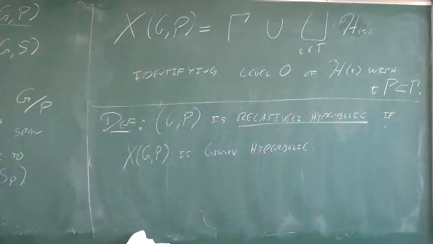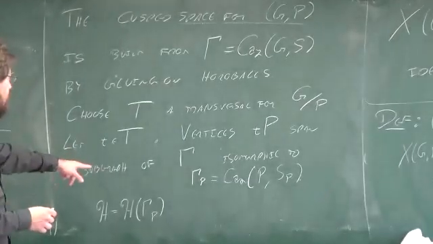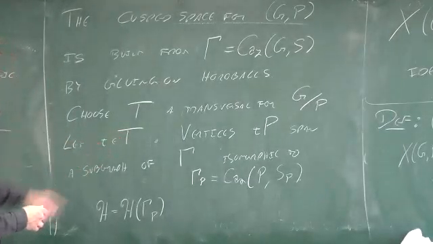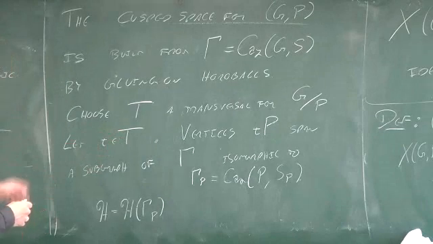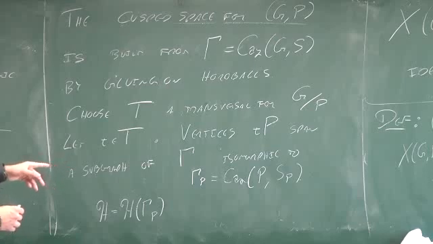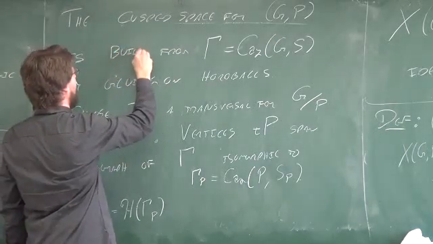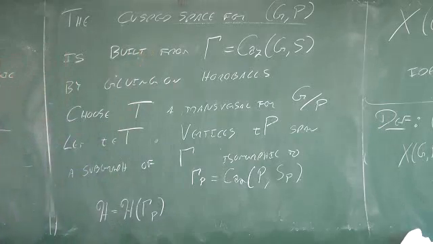And yes. What do you mean by transversal? Oh, I just mean that for each coset, I'd pick something in the coset. The second sentence: by gluing on horoballs, choose T a transversal for G mod P. The cusp space for (G, P) is built from gamma.